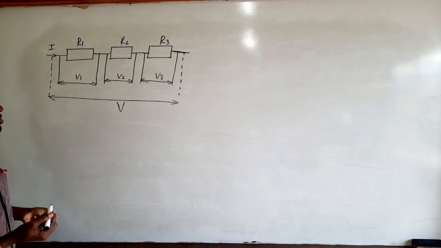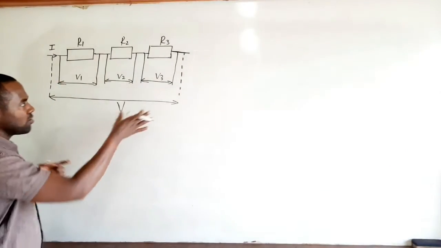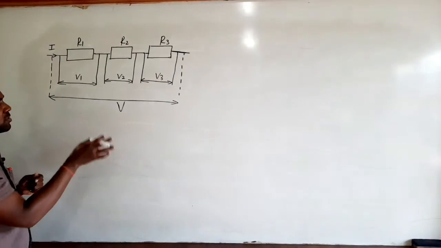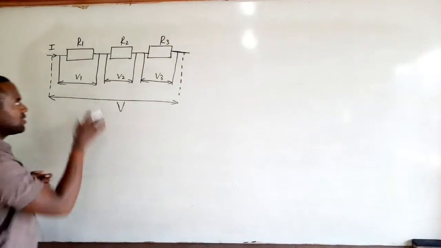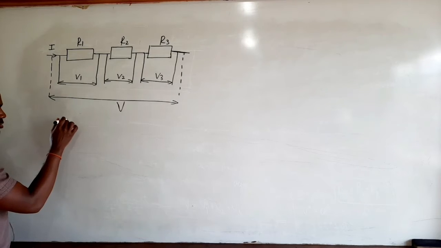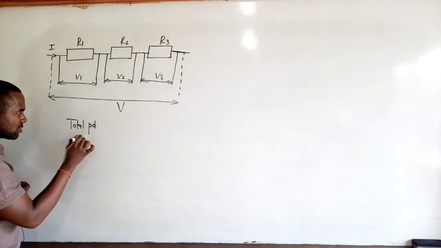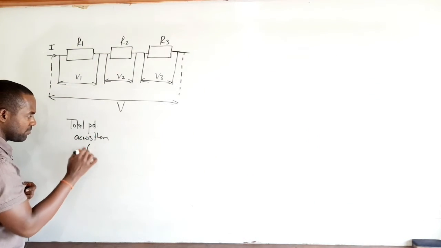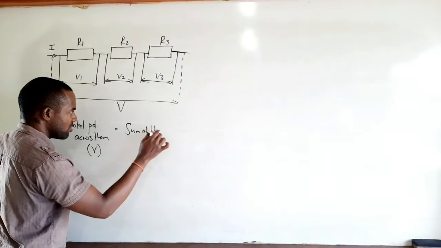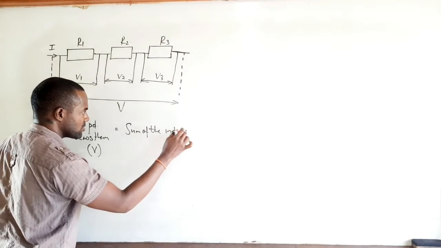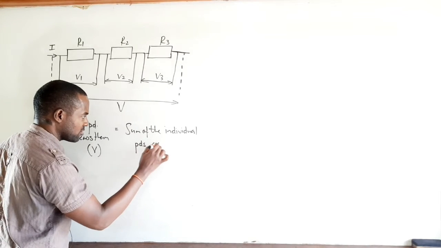Now also, because they're connected in series, the total PD across them, V, is equal to the sum of the individual PDs across each.